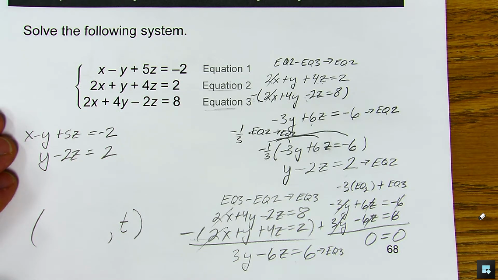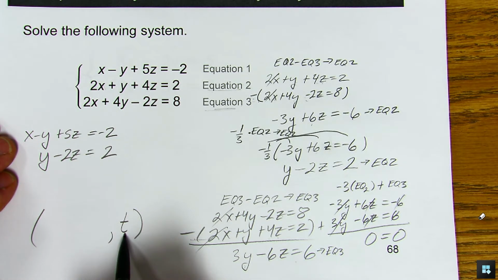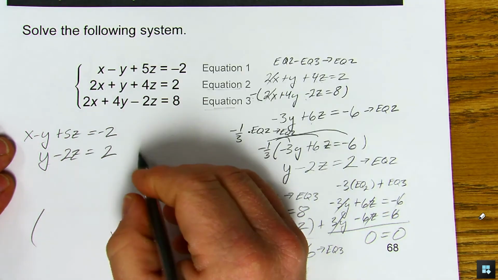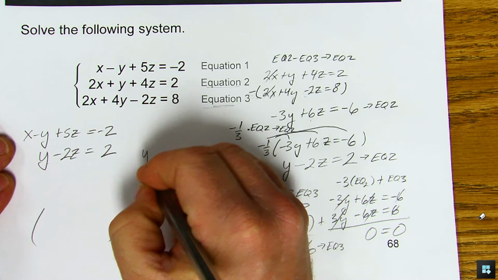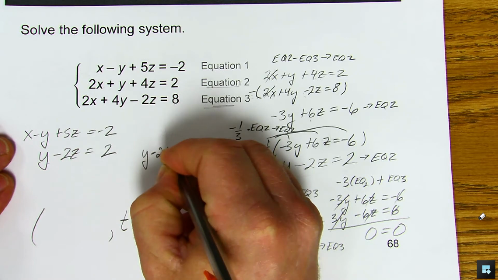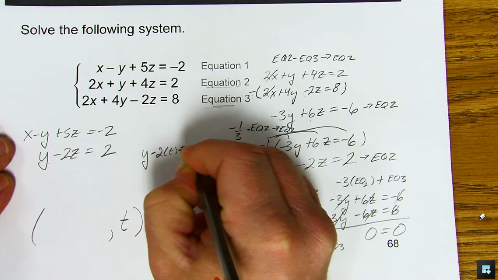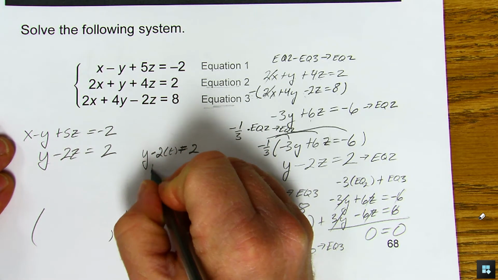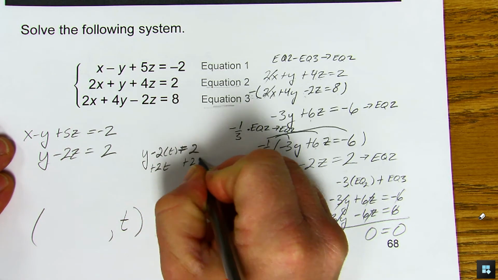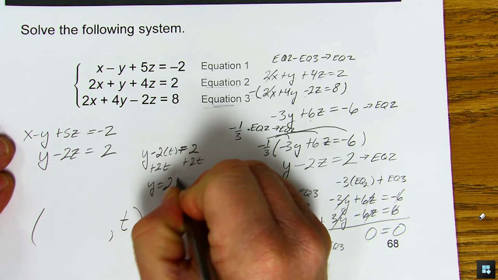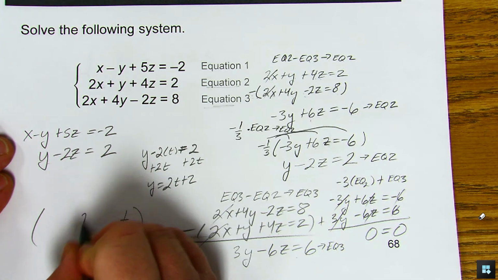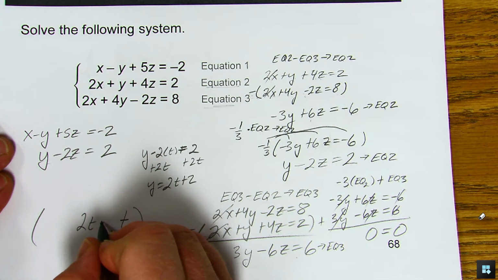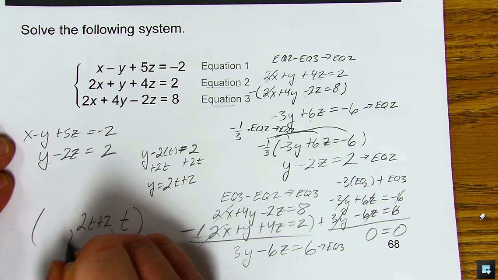The only thing now is that once z is t, y is bound. If I plug t in, I get y minus 2t equals 2. So add over the 2t, and y is going to be 2t plus 2.